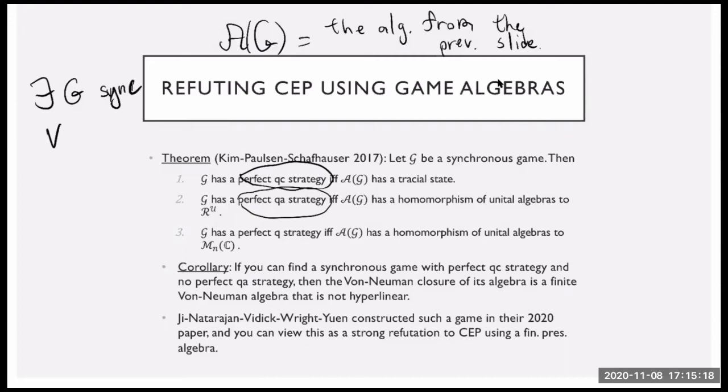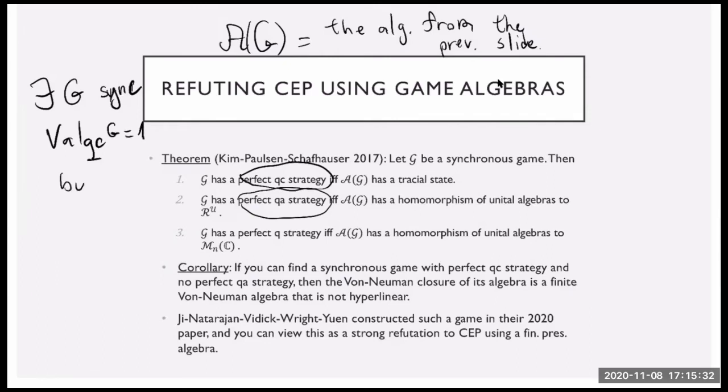Okay, so what they proved is that there exists a synchronous game such that its quantum commuting value is 1, which means it has a perfect QC strategy, but its quantum approximated value is smaller or equal to 1/2. So it's not strictly smaller than 1/2.